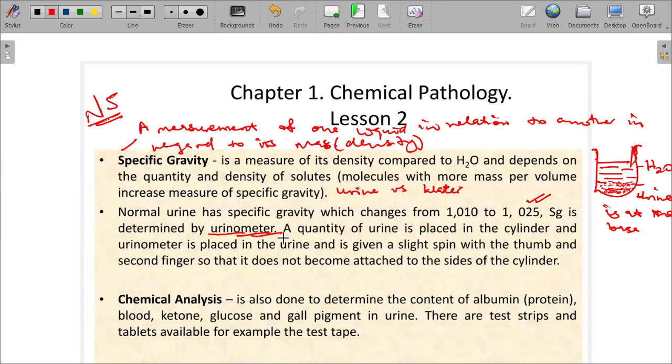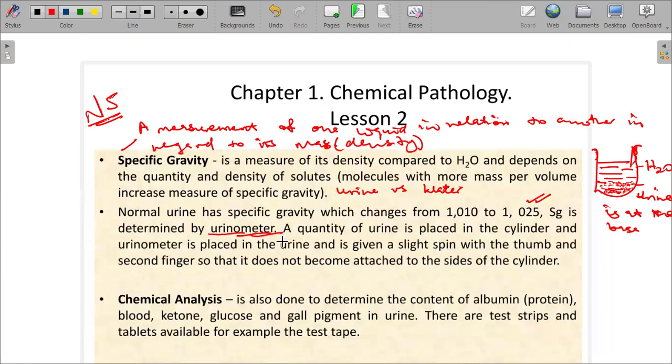A quantity of urine is placed in the cylinder, and the urinometer is placed in the urine and given a slight spin with the thumb and the second finger so that it does not become attached to the sides of the cylinder. That's the apparatus used for that.